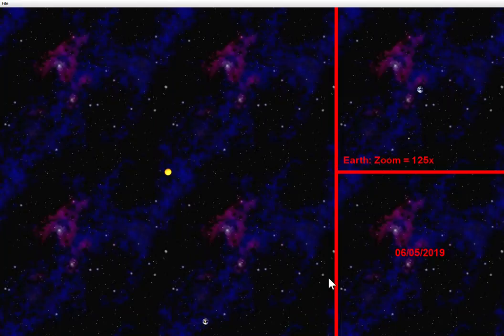Okay, so the two things that we needed for the date counter is the length of the Earth's orbit, and also the time step between the two eclipses.